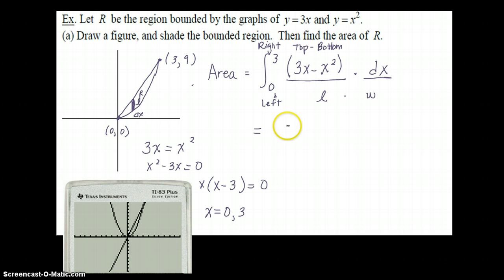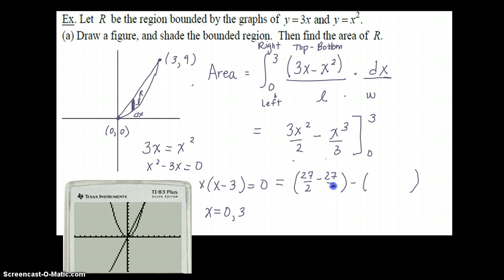So let's integrate 3x and get 3x squared over 2, and integrate x squared and get x cubed over 3. And we're not going to forget our notation that tells us we are about to plug in, using the fundamental theorem, our 3 and then our 0. So that leaves me with two pieces here. The 3 getting plugged in should lead me to 27 over 2 minus 27 over 3.